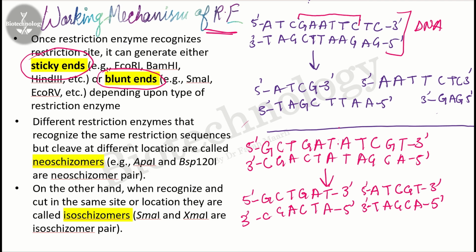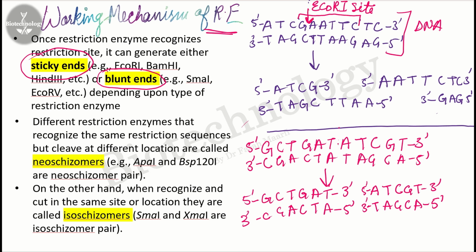It is the specific recognition site for EcoRI only. This is the EcoRI site where the EcoRI enzyme comes and attaches. So it makes a cut in between the G and A.